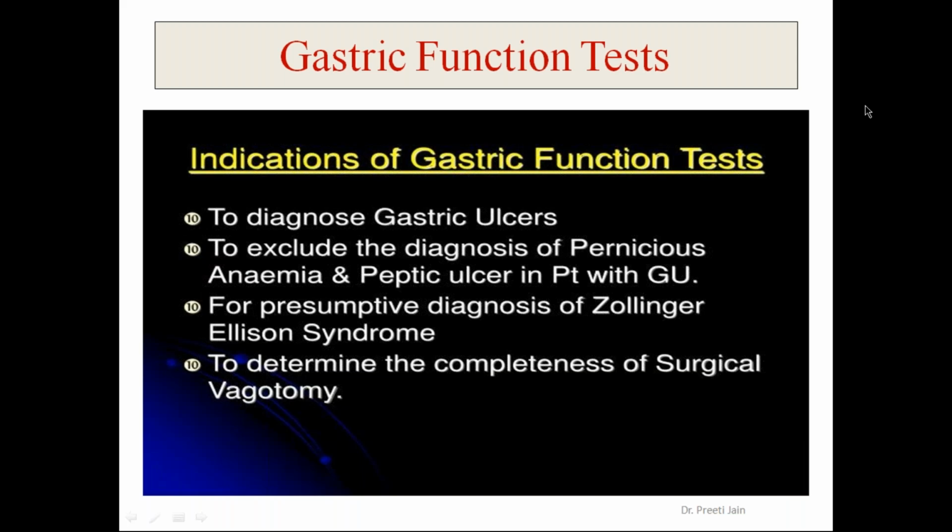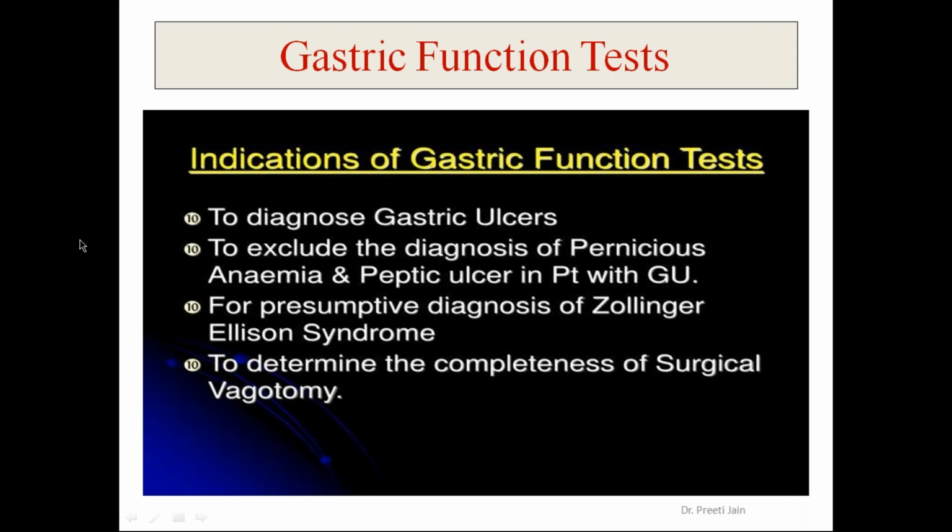The indications for doing gastric function tests are to diagnose gastric ulcers, to exclude pernicious anemia and peptic ulcer in patients with gastric ulcer disease, for presumptive diagnosis of Zollinger-Ellison syndrome, which is a gastrinoma, so it's secreting gastrin, and to determine the completeness of surgical vagotomy.